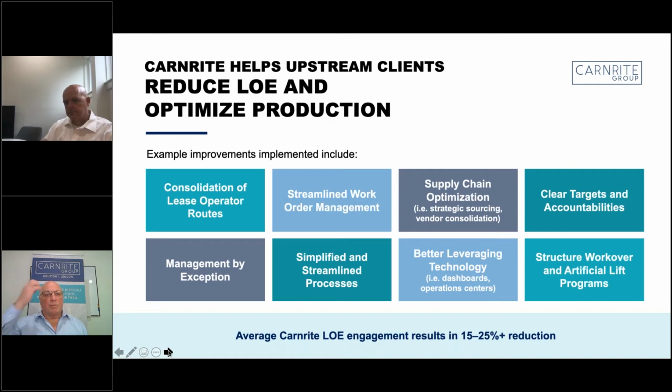Clear targets and accountabilities, all those things are what we're seeing, and obviously technology. That's blockchain technology. It's also dashboards and basic ways of looking at the business that make decision making a lot easier. Again, doing things that help the field drive down costs is what we're focused on.